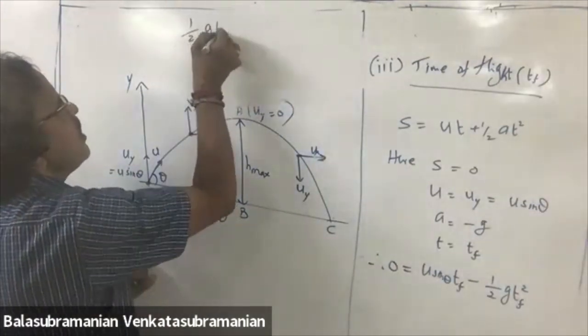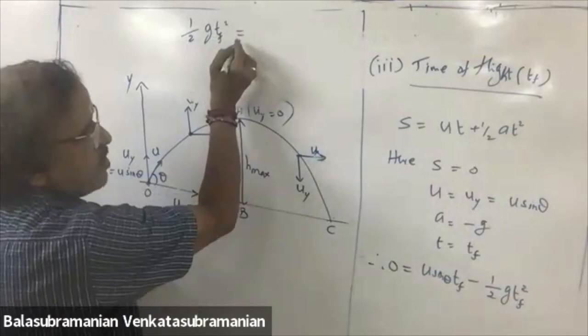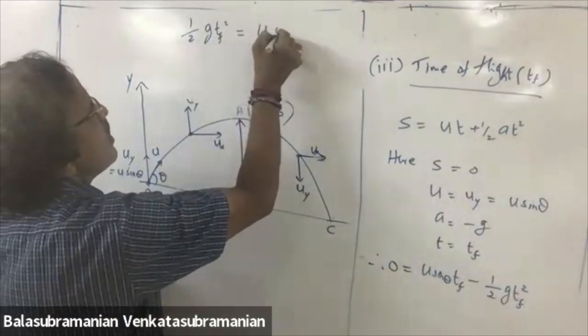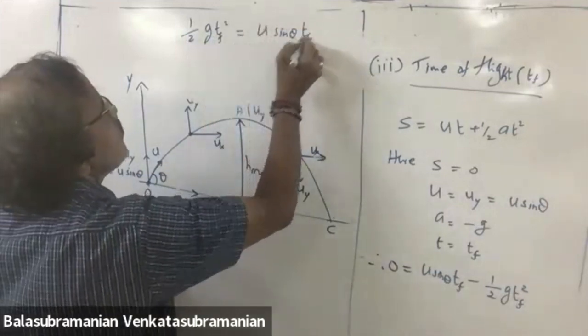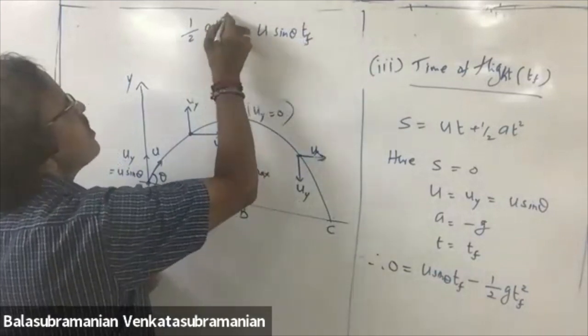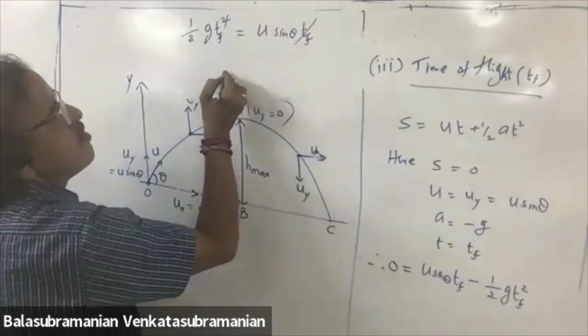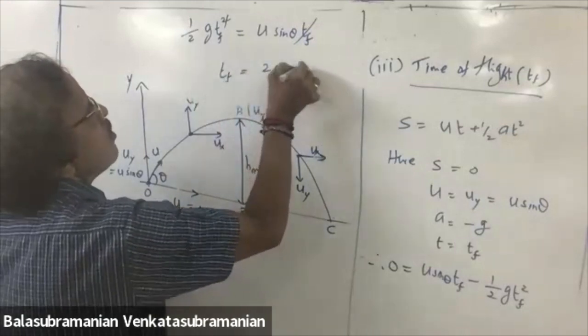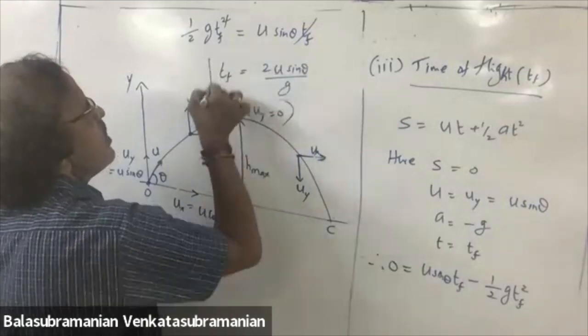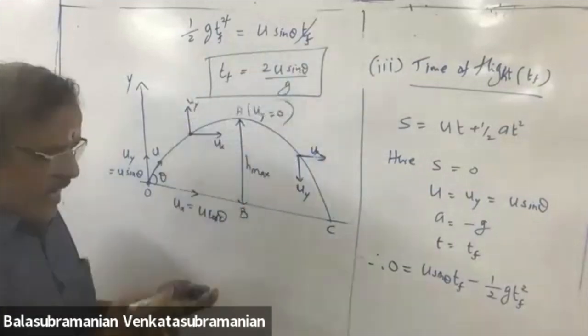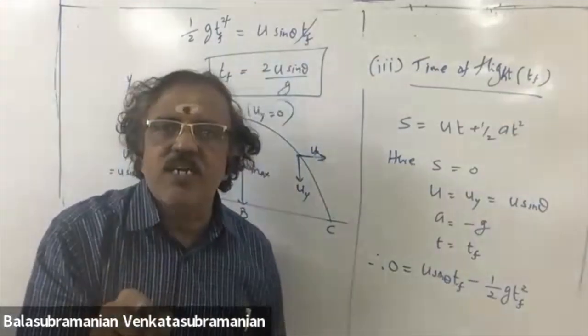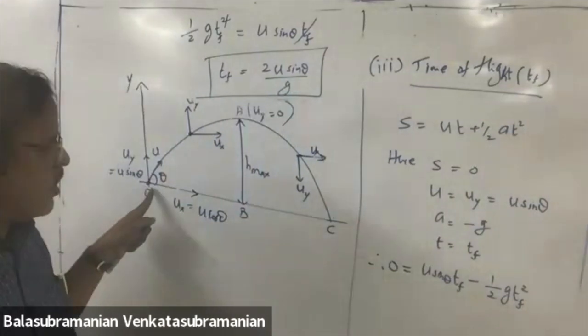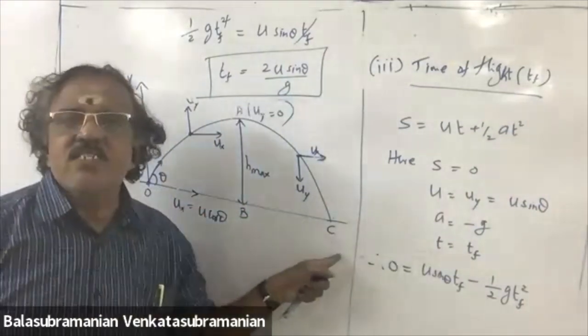Half g TF square is equal to u sin theta into TF. TF cancels. TF is equal to 2u sin theta by g. Time taken by the projectile from the point of projection till it reaches the ground.